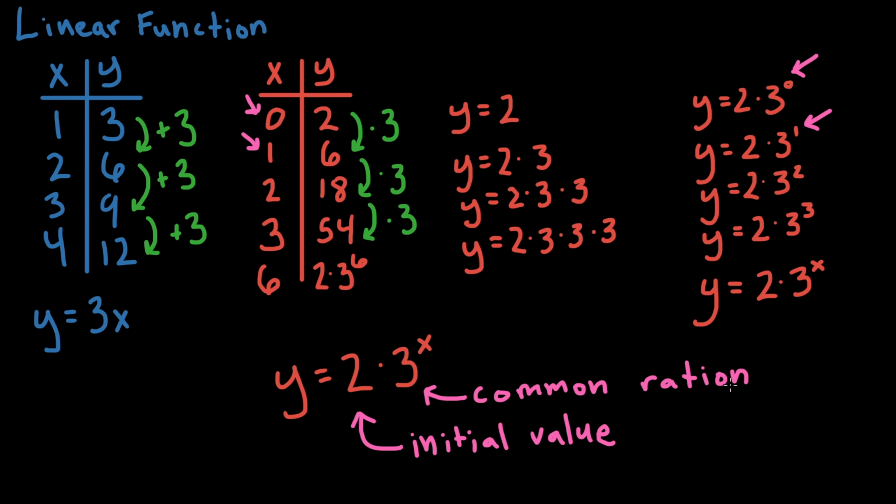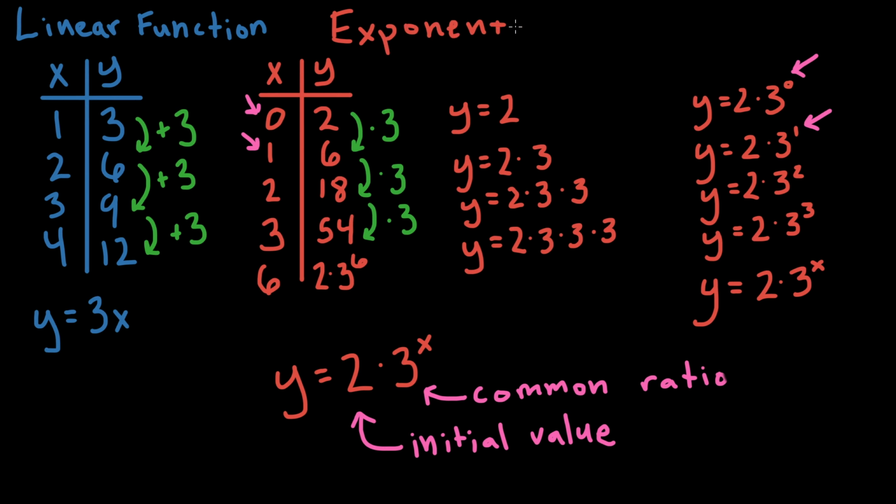Oh, I wrote ration, not the common ratio. Oops, there we go. So the linear function over here in blue, and this in red on this side represents an exponential function.